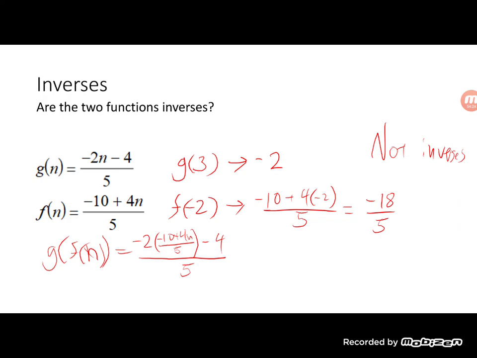It's a little more difficult to compute, but as you calculate it, you're going to see it gives you another answer that you can't really do much with. It's going to give you 20 minus 8n divided by 25, minus 4 over 5. You're not crazy, there's not really any way that's going to work out. These are not inverses.